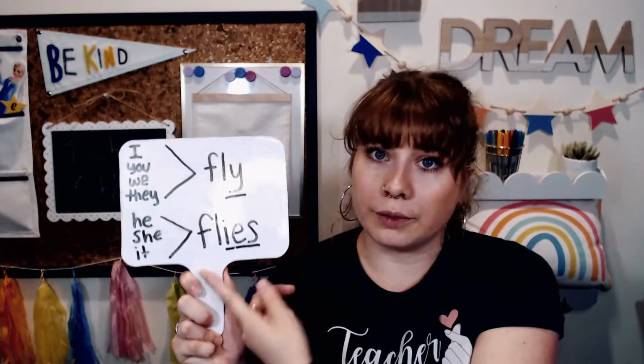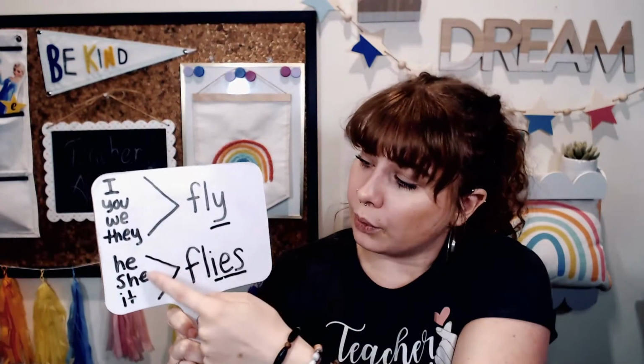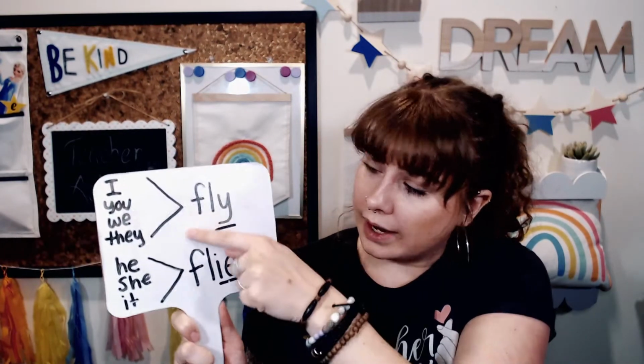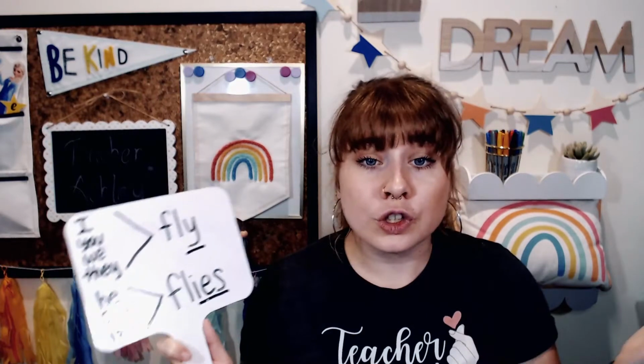I like to try to let them do it by themselves without the cheat sheet first, but if they're struggling and they're not sure, hold it right up and point to the words and the verbs as well. Make sure that here you're giving them constant praise after you correct them. You want to make sure that you tell them how good of a job they've done after they correct themselves and say the right thing.